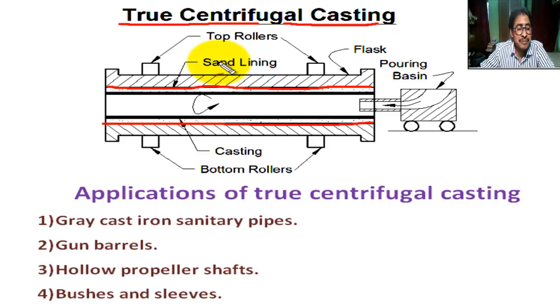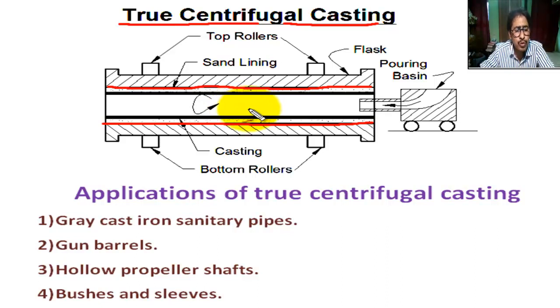The molten metal is poured by ladle into the mold cavity of the rapidly rotating mold.